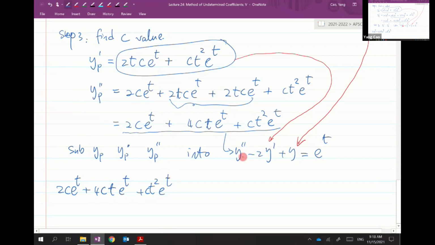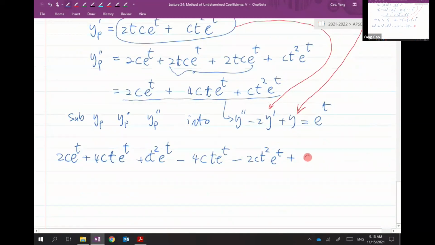That's y double prime minus 2y prime. So it's 4ct e to the power t minus 2ct squared e to the power t, and then plus y, which is ct squared e to the power t, equal to e to the power t. I'll give you a little bit of time. Also give myself a little bit of time.